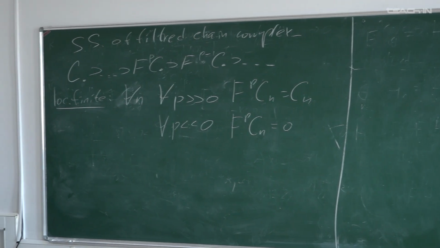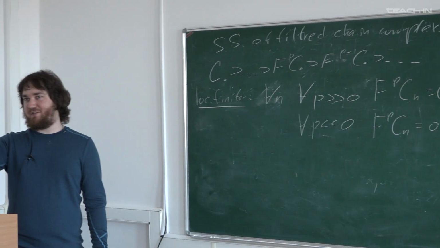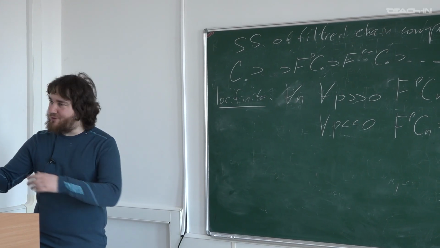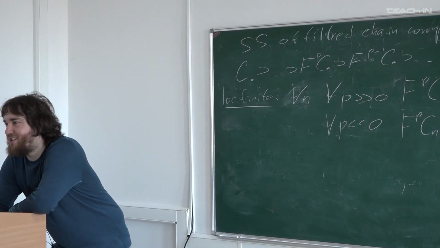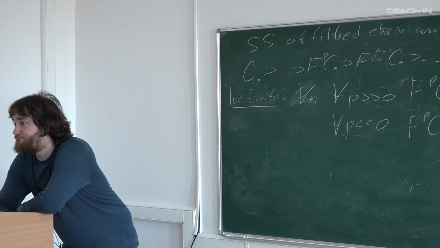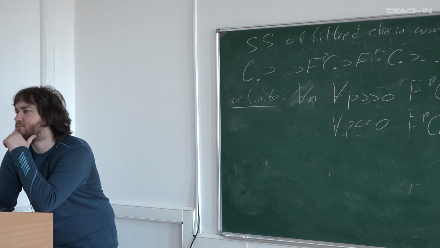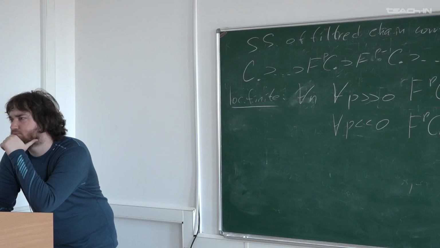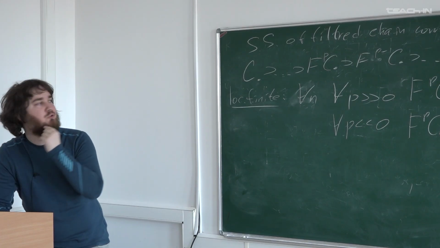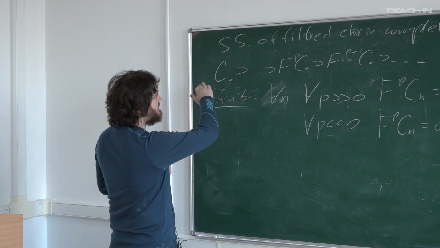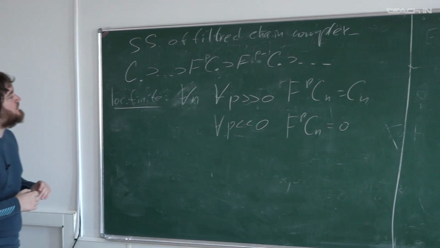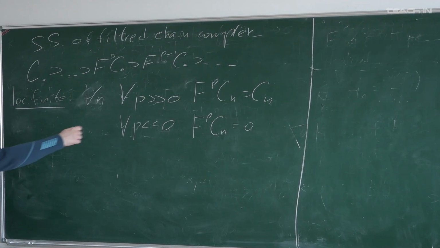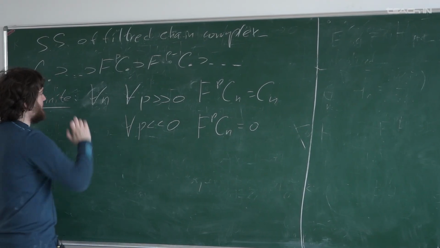In each degree, it's a submodule, and the differential is the restriction of the differential to this submodule. A subcomplex is just a submodule in each degree which is preserved by the differential. Okay, but some people, when they talk about filtered modules, think about some additional structure on the quotient. No, this is not our case. It's just a number of inclusions of submodules, with increasing indices. And it's locally finite. These boundaries may depend on n.